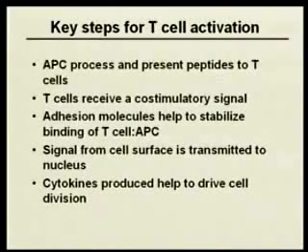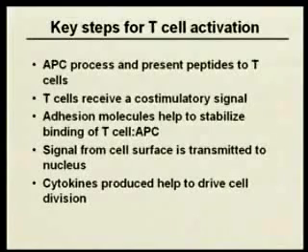So there are a number of key steps in the T cell activation. We'll discuss the APC's ability to process and present the peptide to the T cell, after which the T cell will receive a co-stimulatory signal. In addition to this, it's very important for there to be adhesion molecules involved to stabilize the interaction between a T cell and APC.